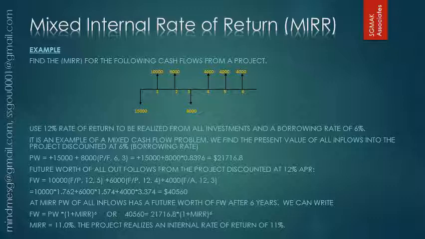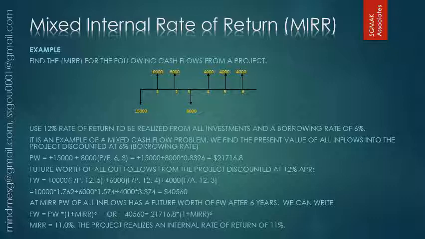So by definition, we find MIRR that takes the present worth of all cost at time 0 and can convert into a future worth of the money that we just computed. So MIRR is that rate that will convert a present worth of $21,706.80 to a future worth of $40,560 end of year 6.